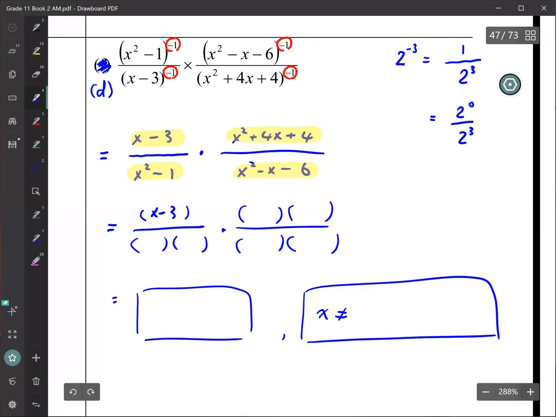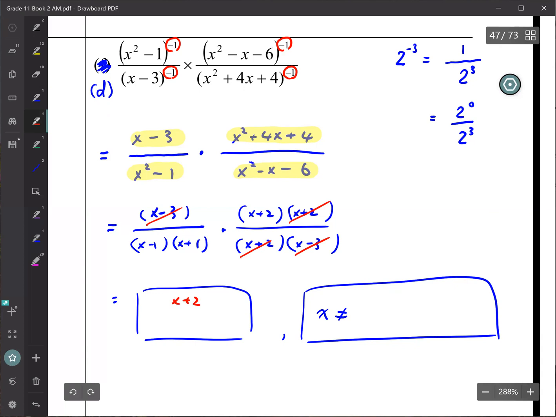I have x minus 3 over x minus 1 times x plus 1. Okay, second. And then x plus 2 times x plus 2 over x plus 2 times x minus 3. Okay, very good. Yep, they're all good. Now we just need to cancel out. X minus 3 gone. X plus 2 is gone. Nothing else, right?